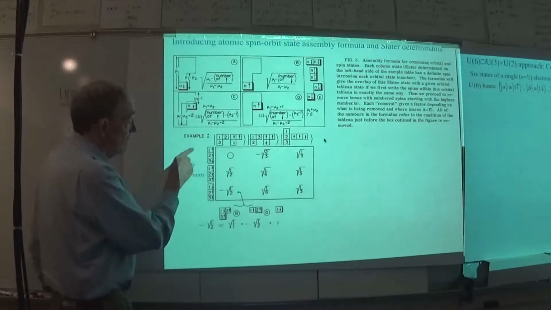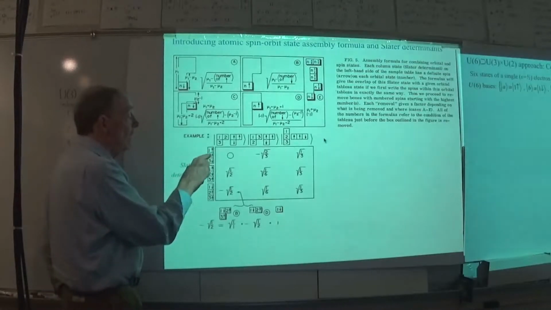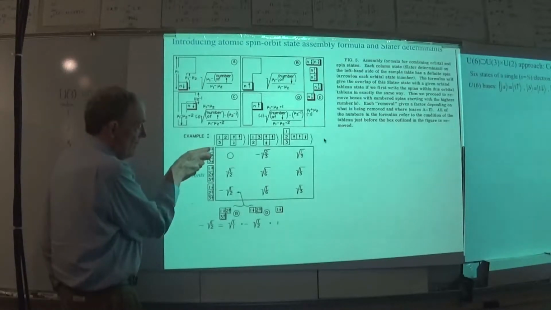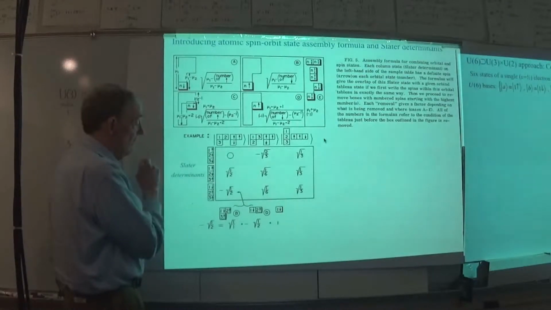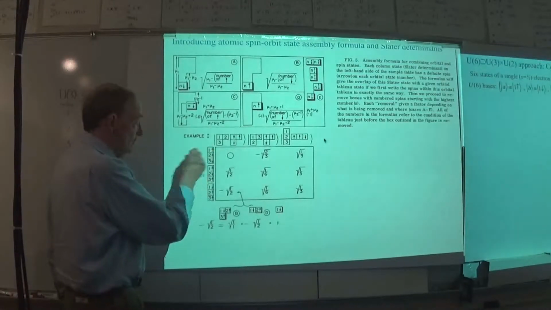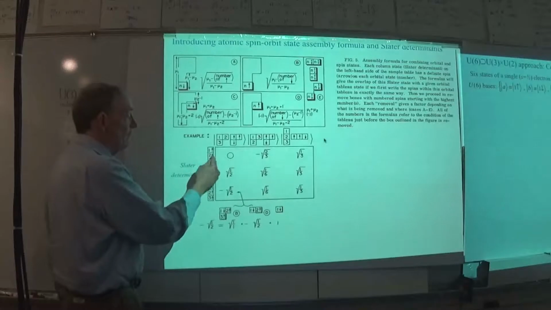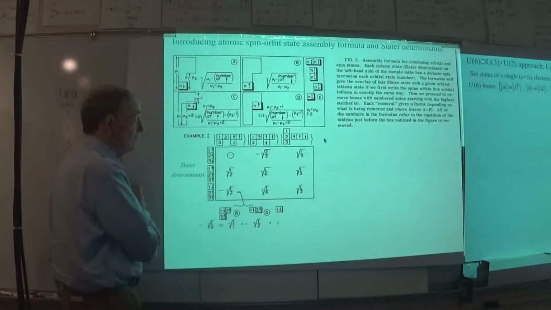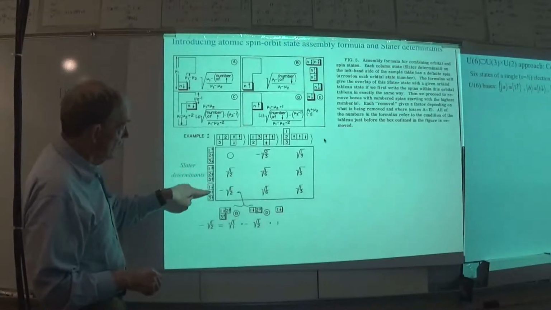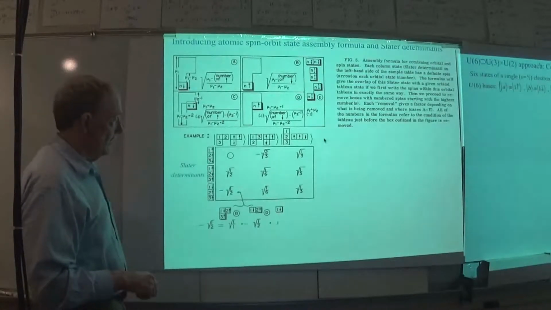So I never can have two entities in this column here that are the same. If I have two numbers that are the same, that's okay as long as the spins are different. And if the spins are the same, I better have the numbers different. So in that sense, the anti-symmetry is ruling here very clearly.